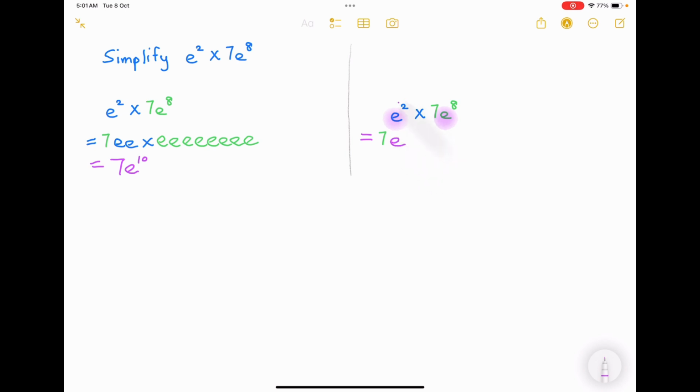The first index is 2. The second index is 8. We add them up to get seven E to the power 10.